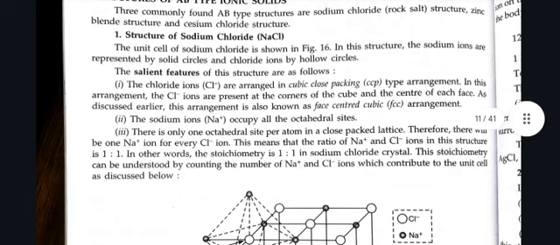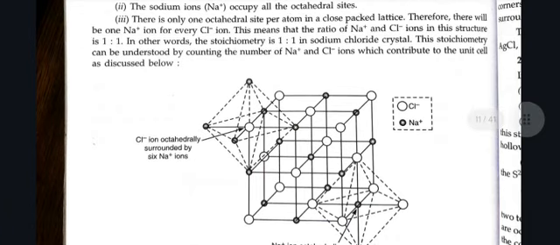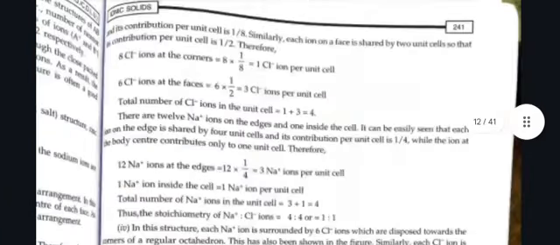This stoichiometry can be understood by counting the number of Na+ and Cl- ions which contribute to the unit cell, as discussed below. Figure 16 shows that there are 8 chloride ions at the corners and 6 at the faces of the unit cell. We can easily understand from the figure that each ion at the corner is shared between 8 unit cells, and its contribution per unit cell is 1/8.